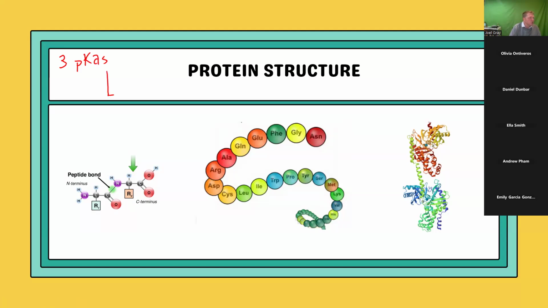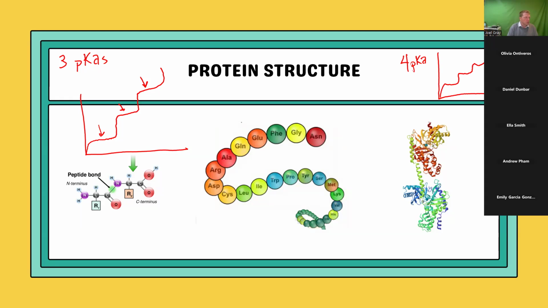Your titration curve will look like this. Horizontal region, horizontal region, horizontal region. Each one of those corresponds to a pKa. So again, 4 pKa's. Sorry, that wasn't the cleanest drawing, but 1, 2, 3, and 4. So that's good context for a titration curve.